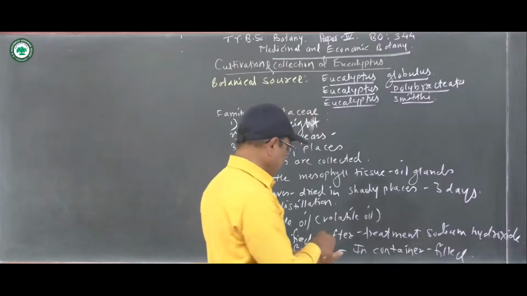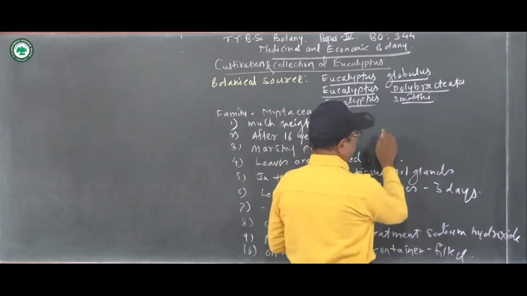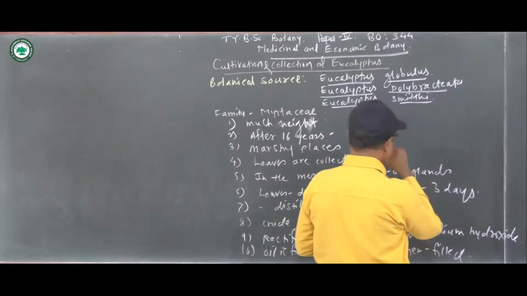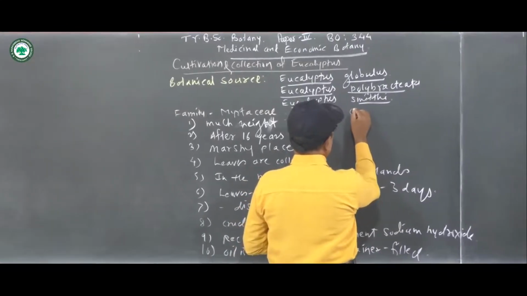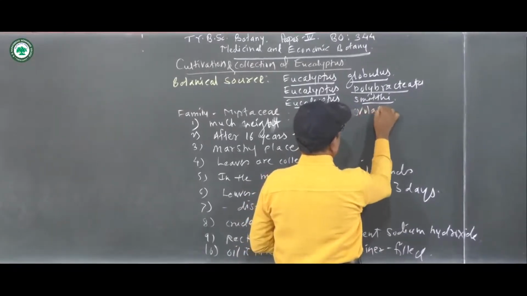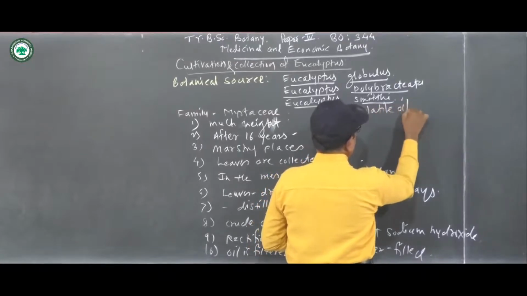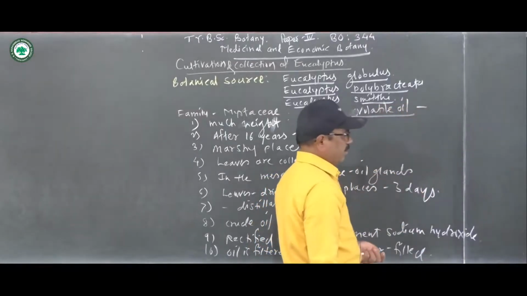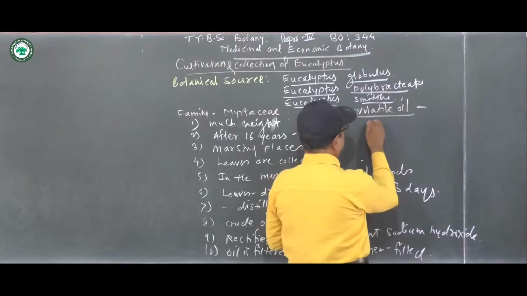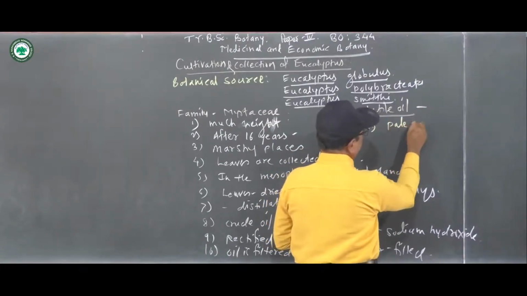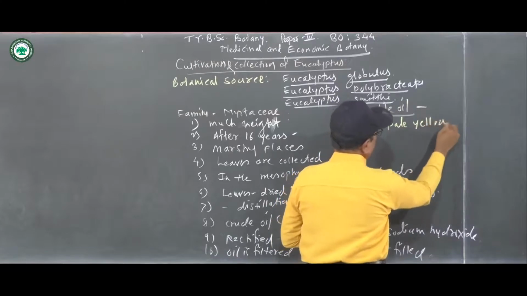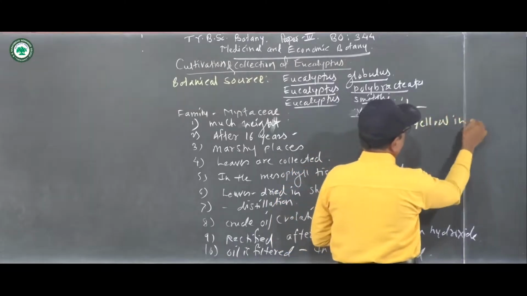Now if we see the description of that volatile oil, that is eucalyptus oil, the color of this oil is pale yellow.